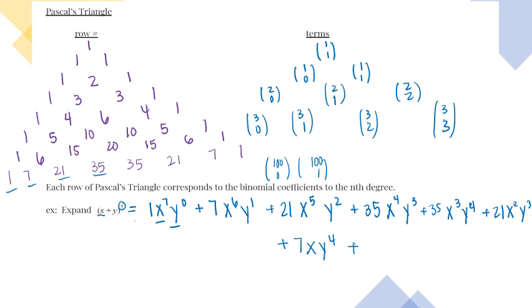You want to be very careful because here I started decreasing, and I tend to do that, and I always like to double check. So 4, 5, 6, and then 1, y to the 7th. Again, I would just double check that I'm decreasing x and increasing y.